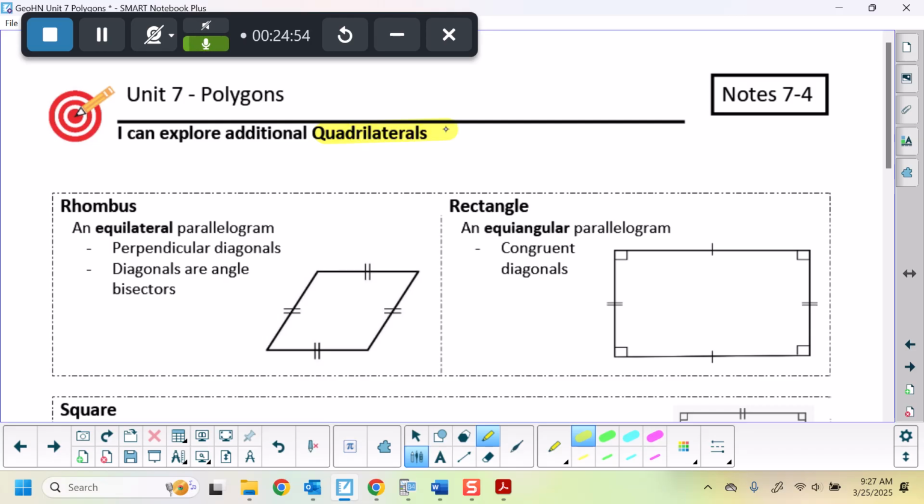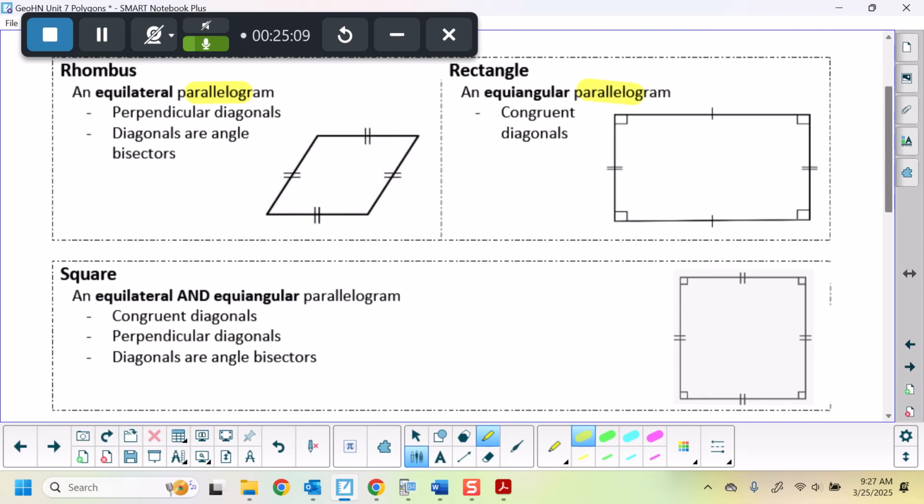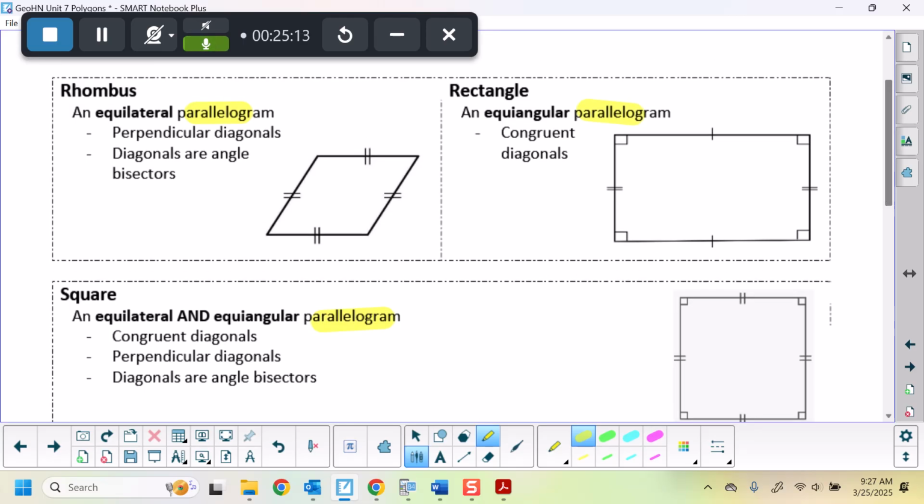We're exploring additional quadrilaterals, 4-sided figures. And what we're going to notice is many of these are also parallelograms. So the rhombus and the rectangle and the square are all parallelograms. So they're all going to also contain all the parallelogram properties, those 6 that we already talked about.